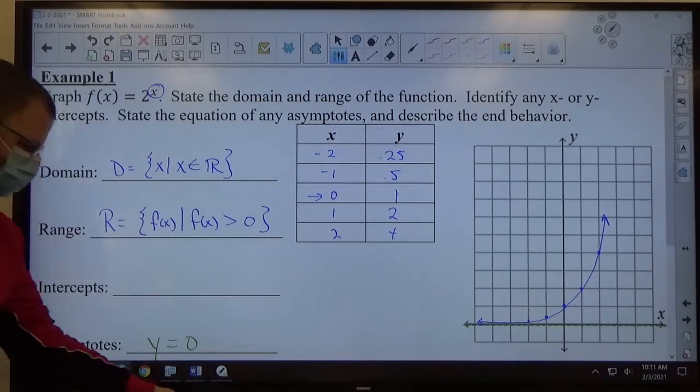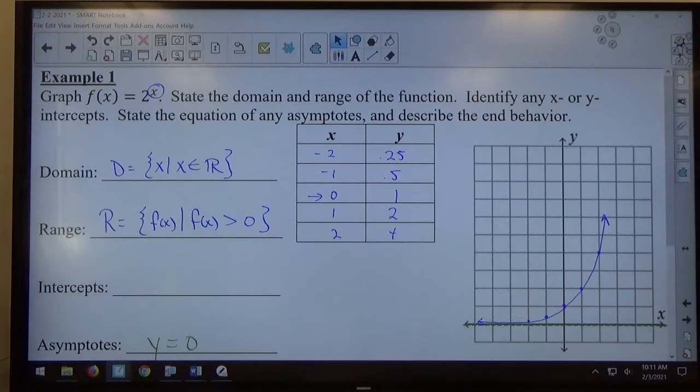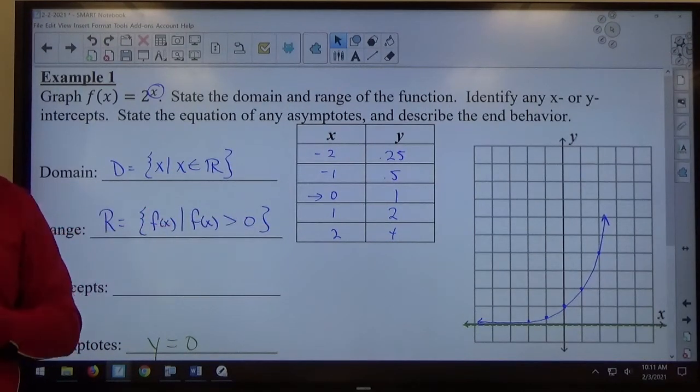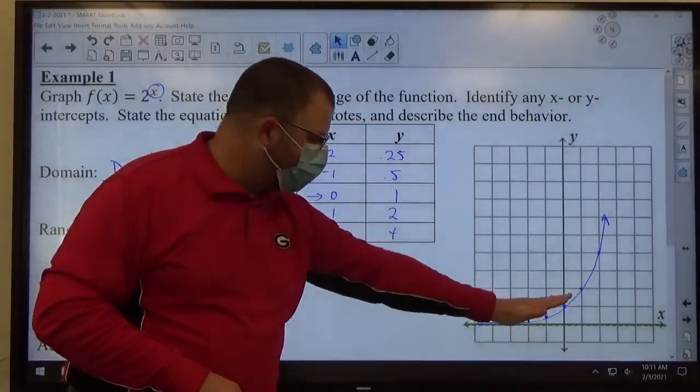Intercepts are points at which the graph either crosses the x or the y-axis. When will this graph cross the x-axis? Never. The asymptote is the x-axis. The graph can't touch the x-axis, so there is no x-intercept on this graph. If the asymptote were down 1, all of a sudden it could cross the x-axis.